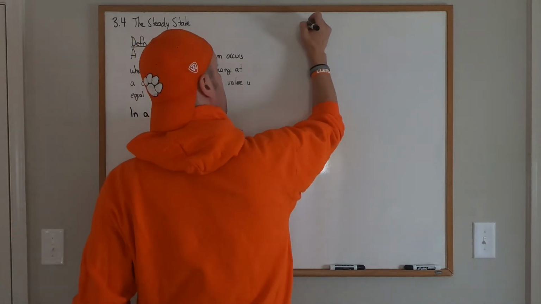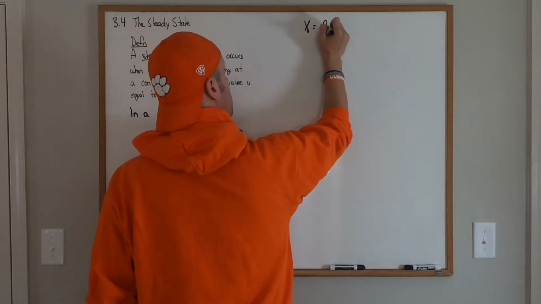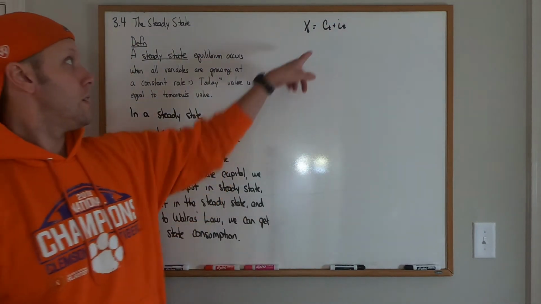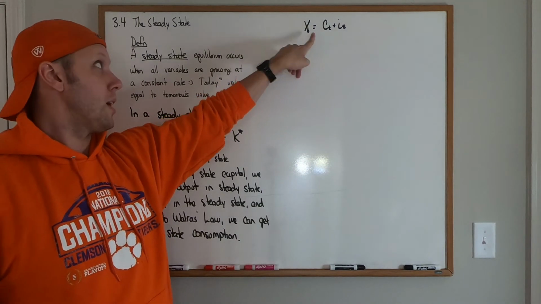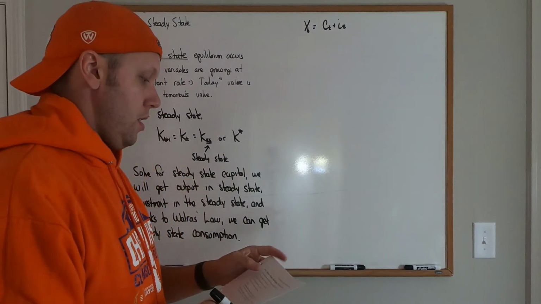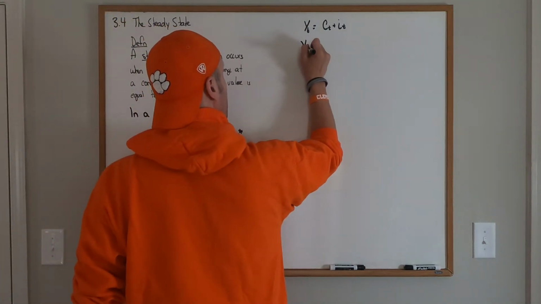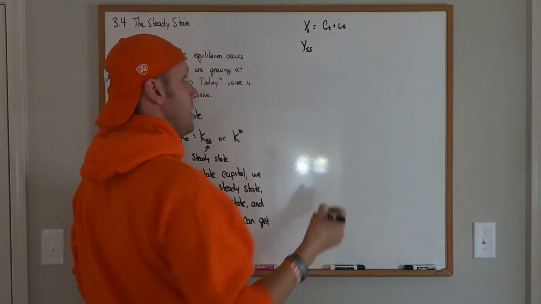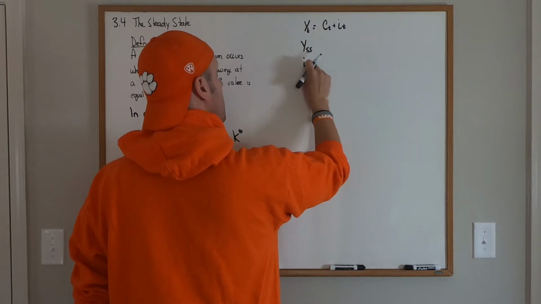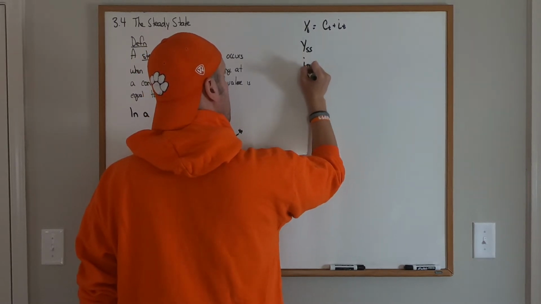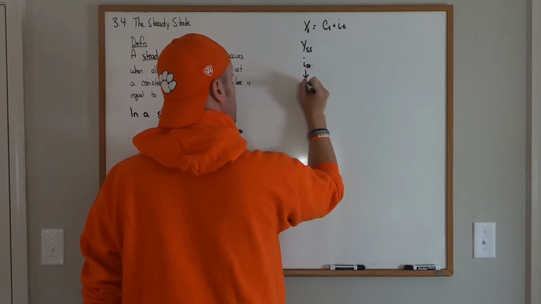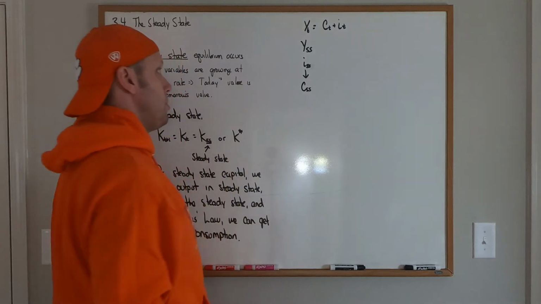Why? Well, if you remember, we have this as the resource constraint within the economy. Output is equal to consumption plus investment. It can't be split any other way. So if we can get steady state output, or YSS, we can get steady state investment, which is ISS, then we can infer, thanks to this constraint right here, what steady state consumption will be.